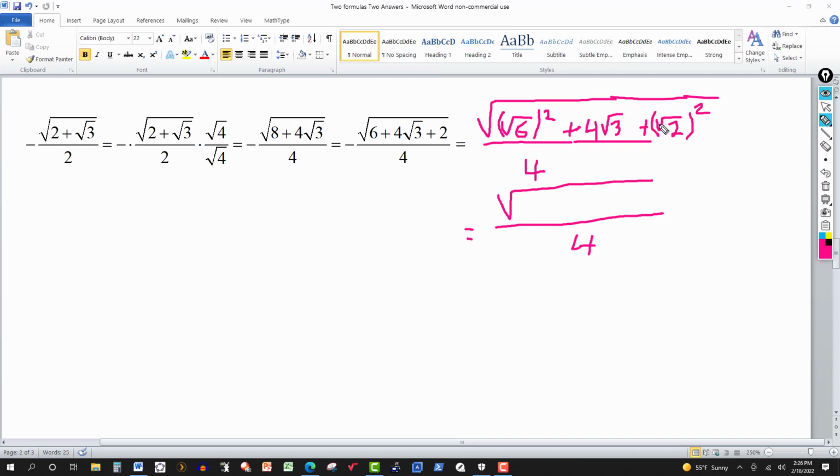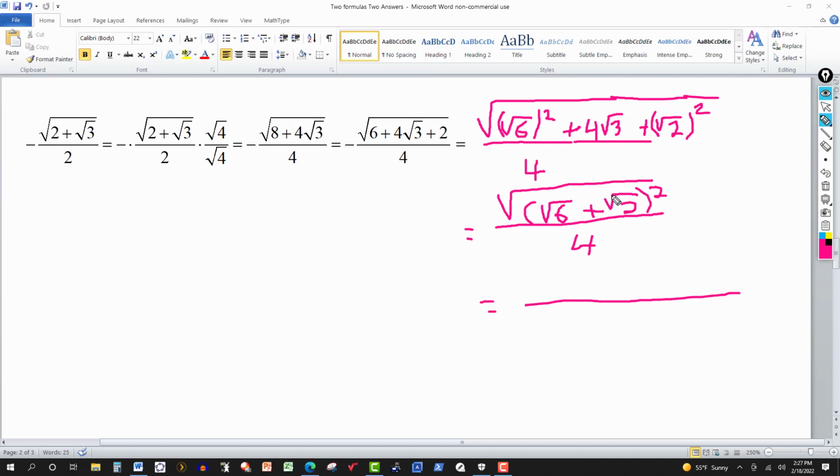If I could factor this out, it's just going to be the same thing now. If I wrote the square root of 6 plus the square root of 2, factored out like that, in other words, I'm assuming that the way I wrote it is a perfect square. So is this squared, if I square this out, does it come out to that? Well, let's do this square root here and squared here, so that means that this is going to be the same thing.